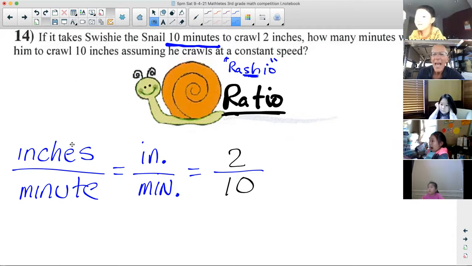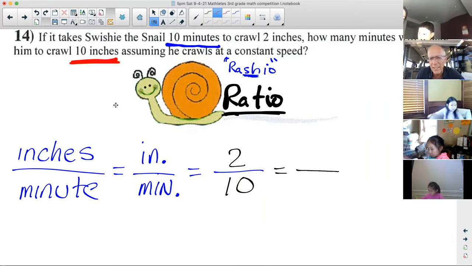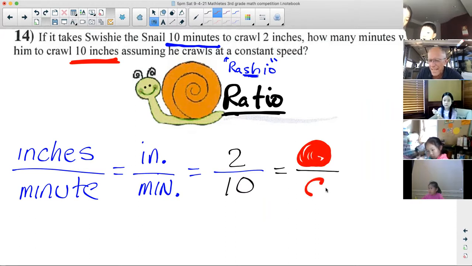Now, how many minutes will it take him to crawl 10 inches? So everybody draw an equal sign. We know that we want 10 inches. So where should I put the 10? In the numerator of the fraction or in the denominator of the fraction?